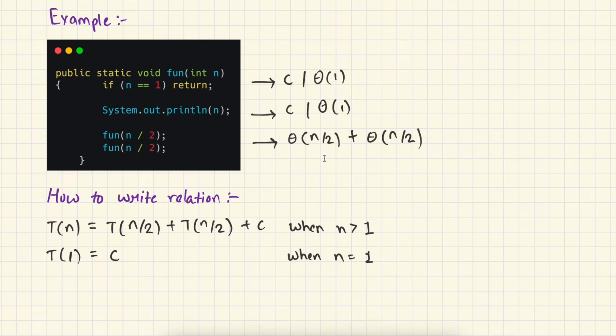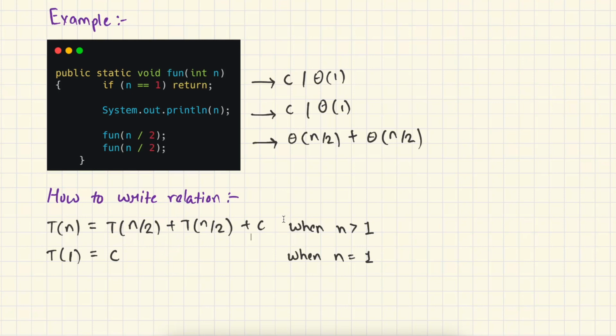Now let's see this example. In the first line, we are doing a constant operation. In the second line, we are also doing a constant operation. In the third and fourth lines, the amount of work this function is doing is n by 2 and n by 2. Okay. Now, how to write the recurrence relation for this function? We can write it like this: time taken by this function for input n is equal to the time taken by the function for n by 2, plus the time taken by the function for n by 2, plus a constant, right?